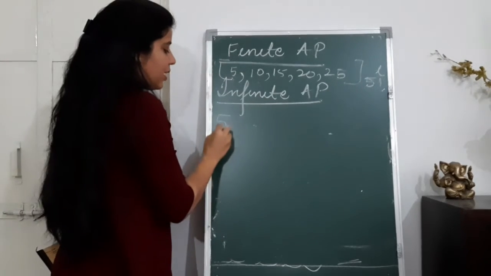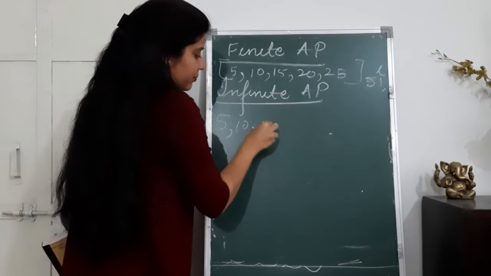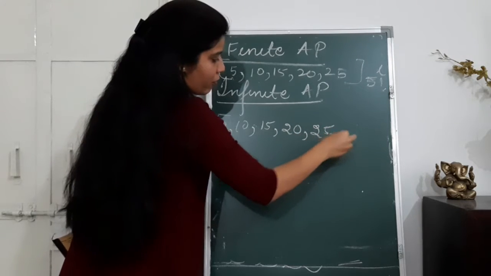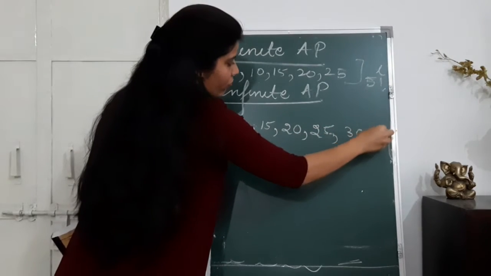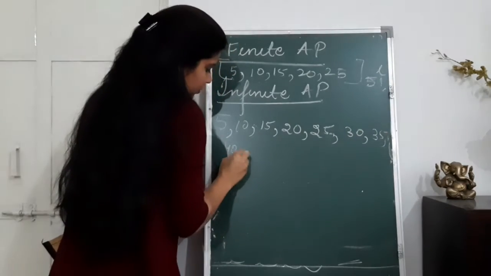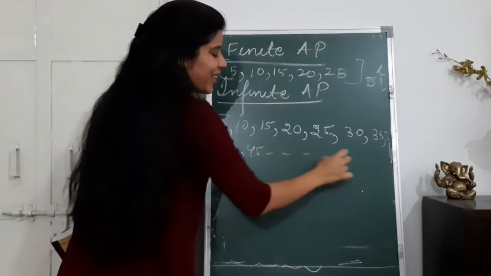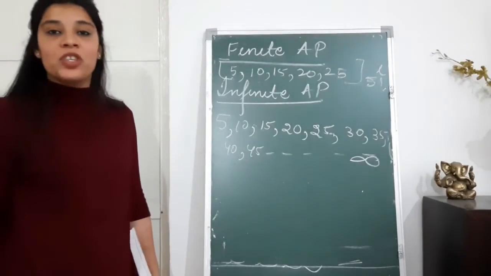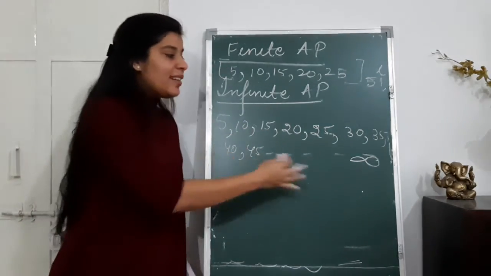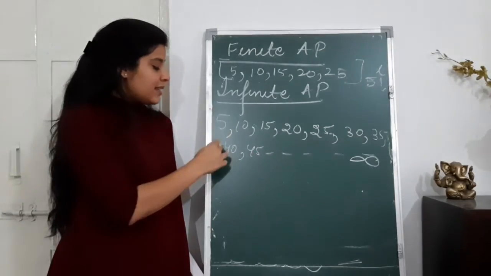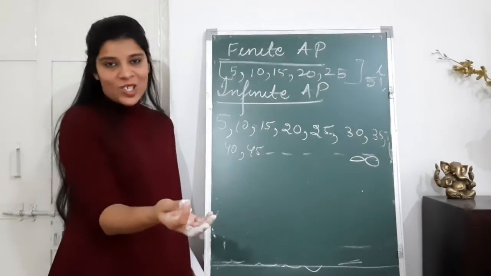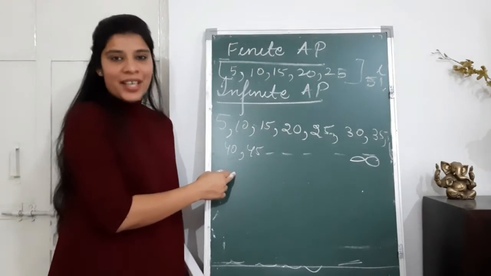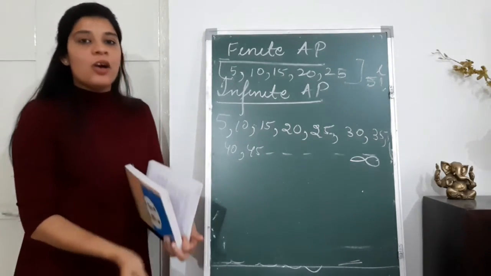But for example, I keep on continuing it, then it can go till infinity, right? If I don't decide the number of terms, then I can write this list till infinite terms. Then in that case, this will be called an infinite AP, infinite arithmetic progression.